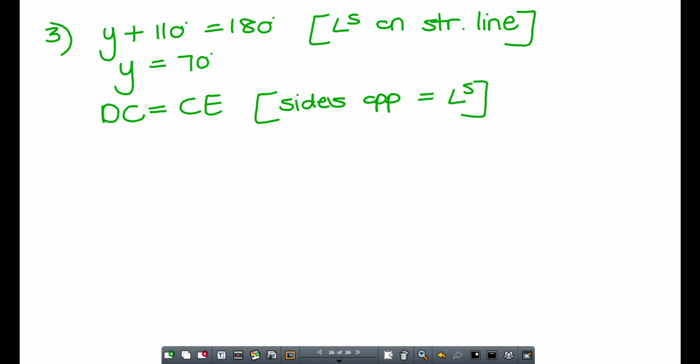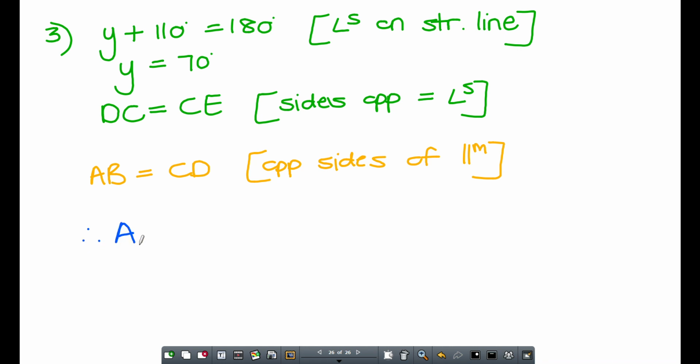Now we can say AB was equal to CD because they were opposite sides of a parallelogram. They were opposite sides of a parallelogram. So therefore, AB will be the same as CE.